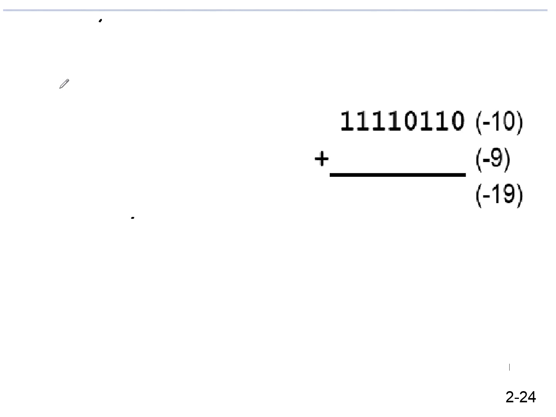So if we're going to flip those bits, we're going to have 0, 1, 1, 0, right? And we're going to add 1. So 1, 1, 1, 0. Okay?